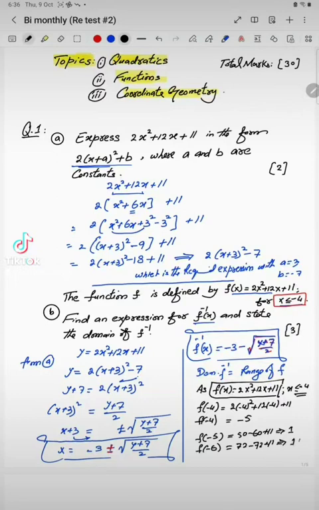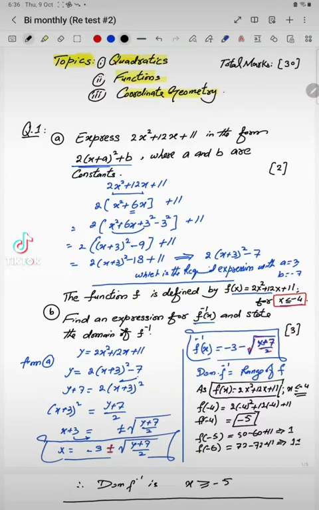You can see the values are going to increase. Therefore I can say the domain of f inverse is x greater than or equal to minus 5, because from the basic value of the given domain, the result is going to increase. So you can say it's bigger than or equal to minus 5.